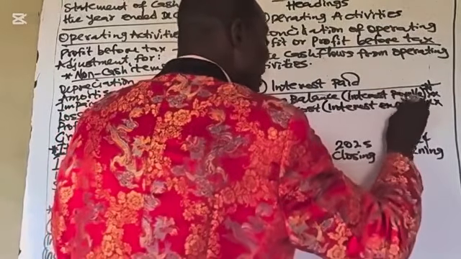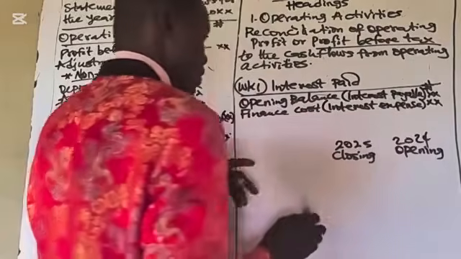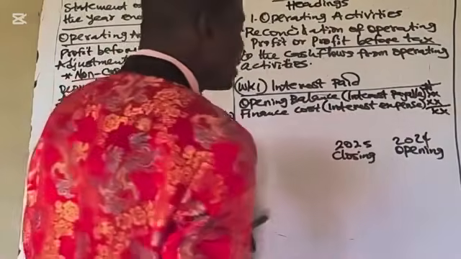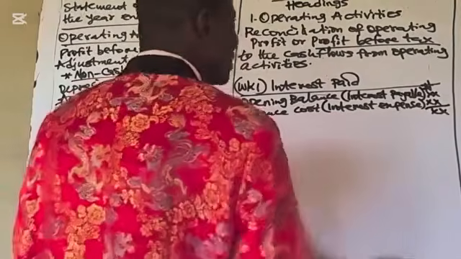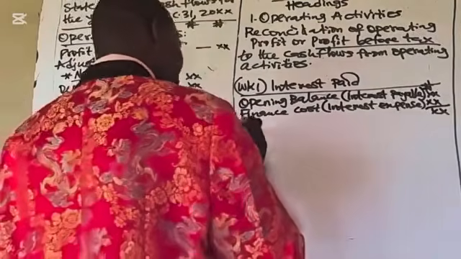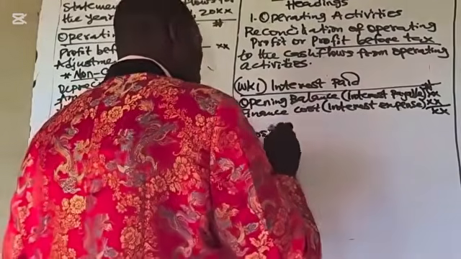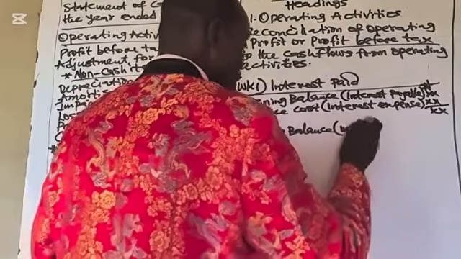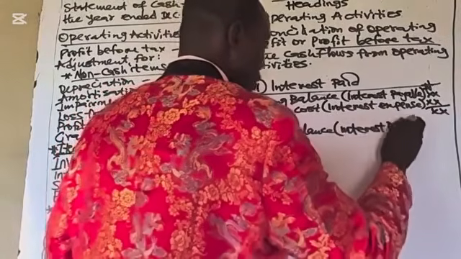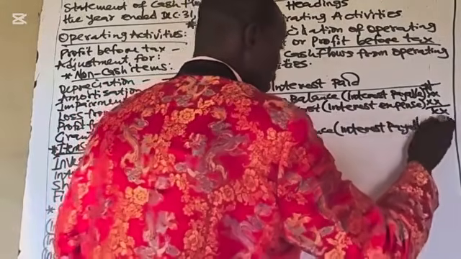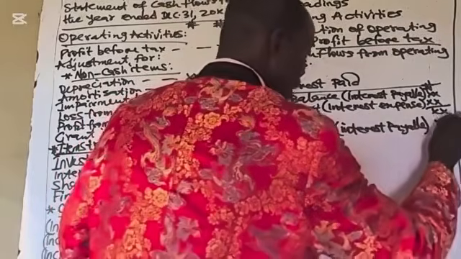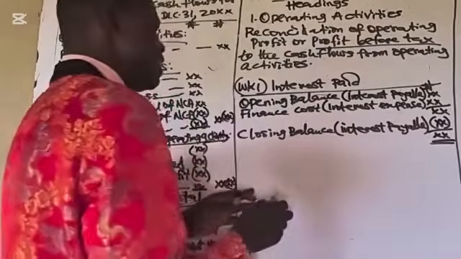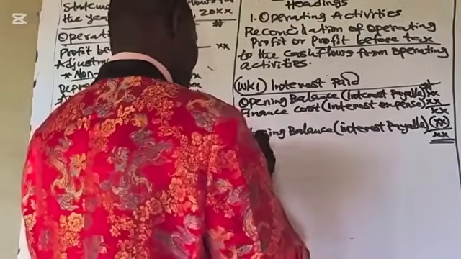The amount of interest that is charged as an expense in the period, you add it. Then after this, you subtract the closing balance, that is in respect of your interest payable. I've told you that the closing balance will be found in the closing statement of financial position under the current liabilities. So after this, you get the amount paid, interest paid.